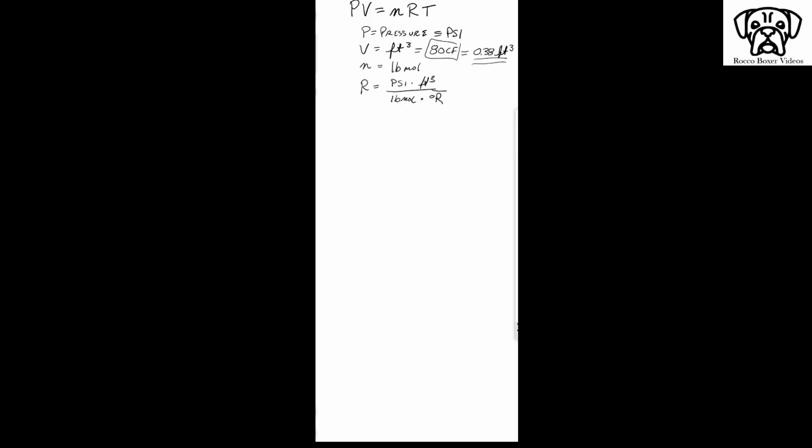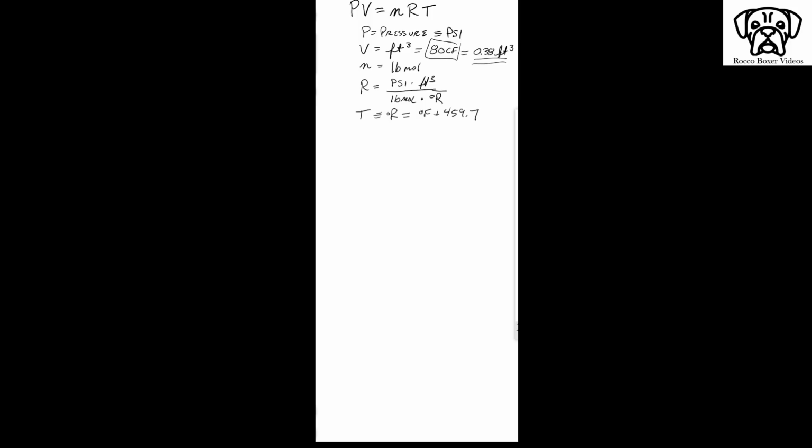Temperature is measured in degrees Rankine, which is a temperature scale based on absolute zero. There's a similar measurement for the Celsius scale, but for the Fahrenheit scale we use Rankine, and that equals the degrees Fahrenheit plus 459.7.